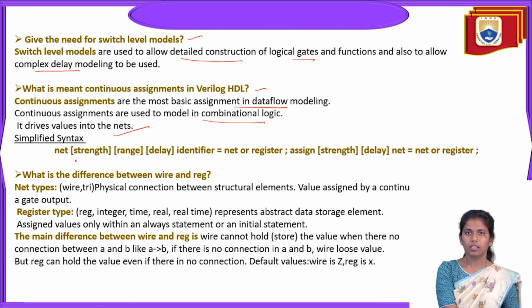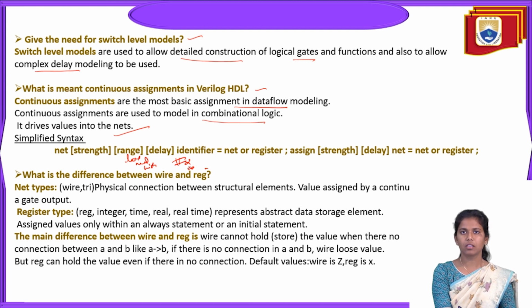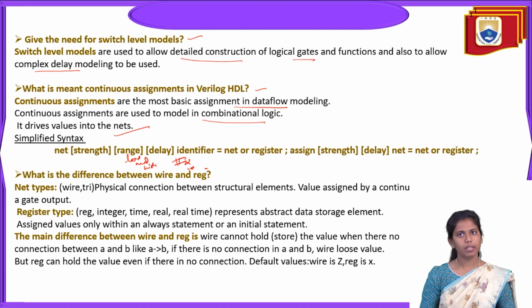Net, strength of a signal, and the range of a signal, whether it is low, medium or high. Here is the specification of delay, 10 nanoseconds, 2 nanoseconds or whatever, and the identifiers. Identifiers are one of the tokens in Verilog that we represent in the syntax form; if you want to get a proper output in terms of delay constraints, then identifiers play a vital role.